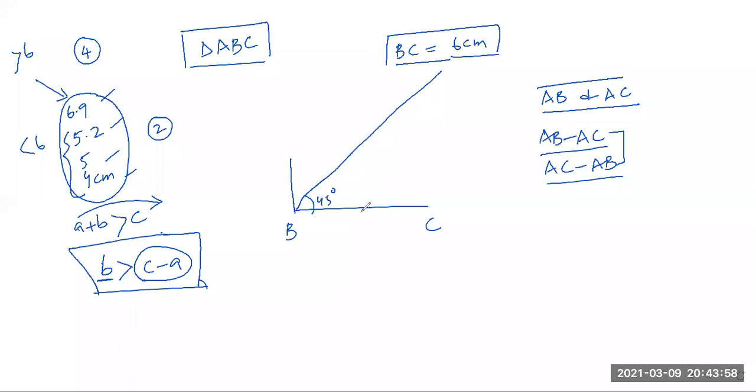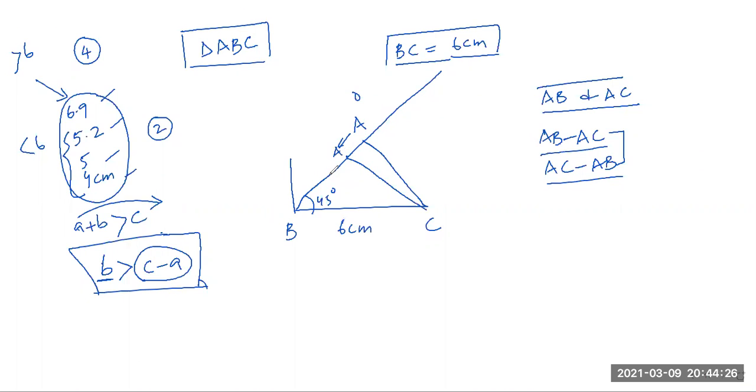Okay. So now one side is 6 centimeter. Now see, students, BC is 6 centimeter. Let's say this angle C is also 45 degree. Now this will be A. What will be AB minus AC in this case? 0. Suppose A is shifted to the left side. Now AC becomes bigger and AB becomes smaller.